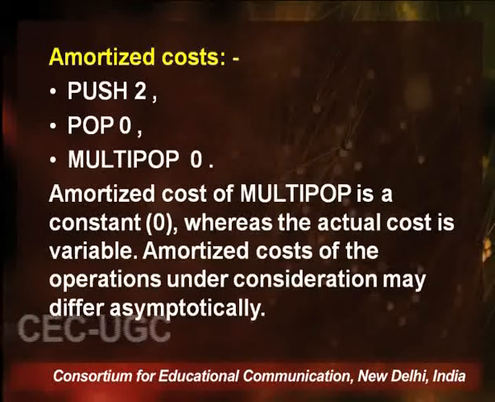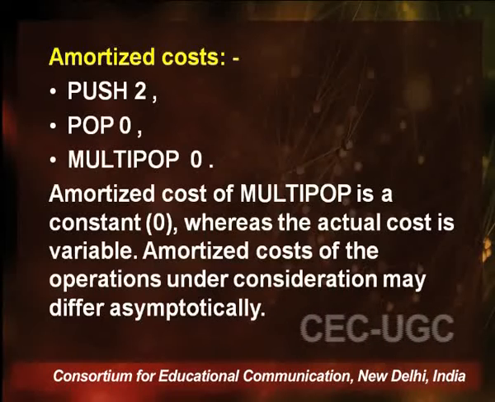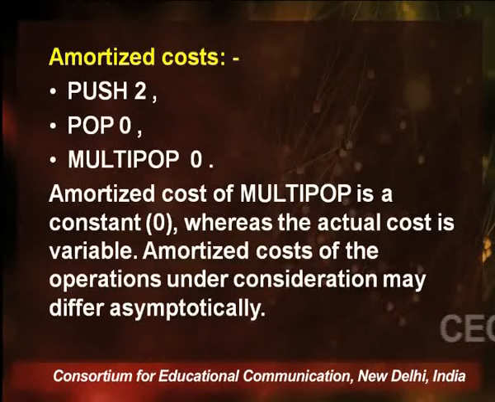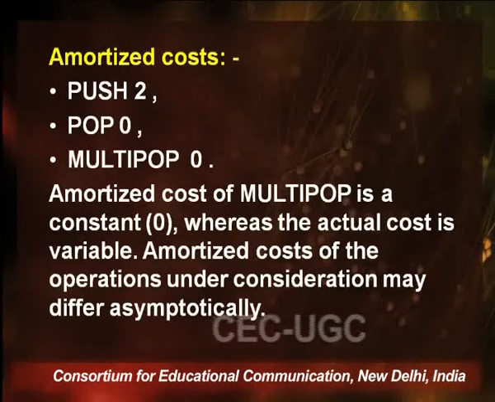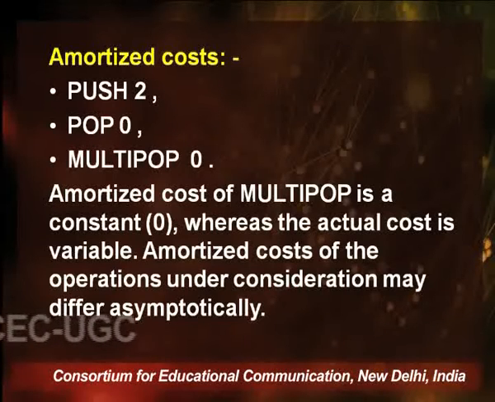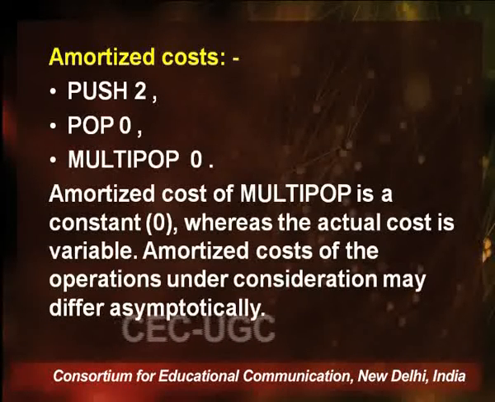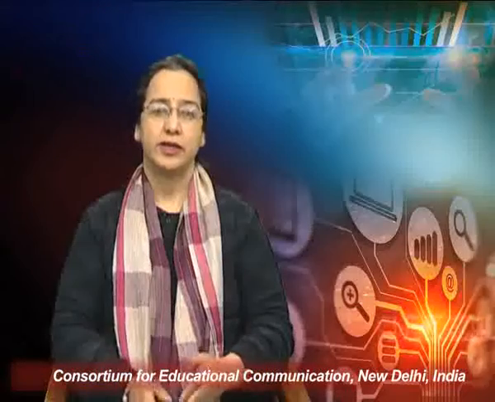So the amortized cost of multi-pop is constant, where the actual cost was not constant, it was variable: min of k and s. So the amortized cost of the operations may differ asymptotically from the actual cost.